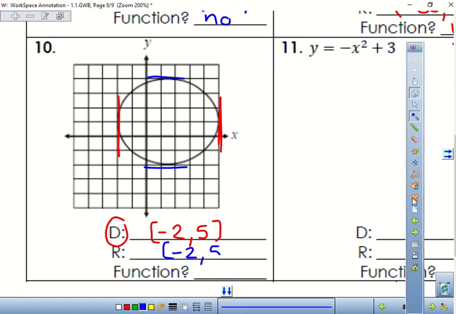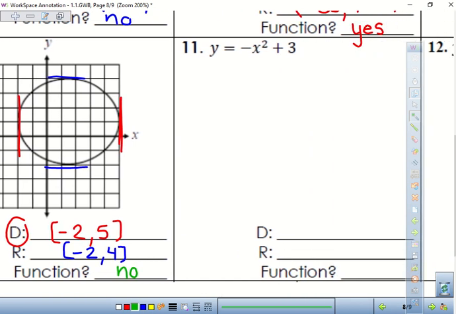I think it's 5, or is it 4? You're right. 1, 2, yep. Sorry about that. Why did I not use a curved bracket? Good, it's included. That point exists on the relation, right? And then, is it a function? No. Fortunately not.